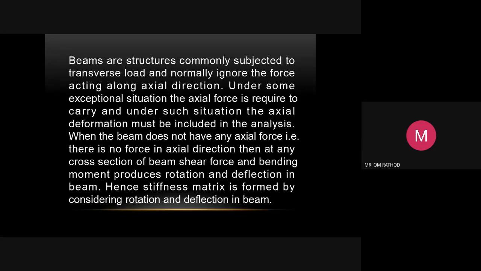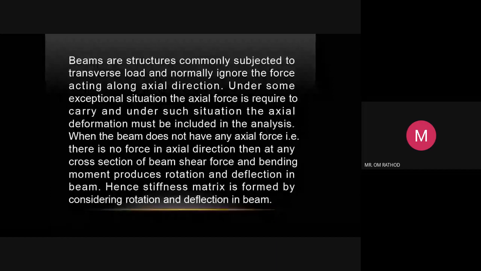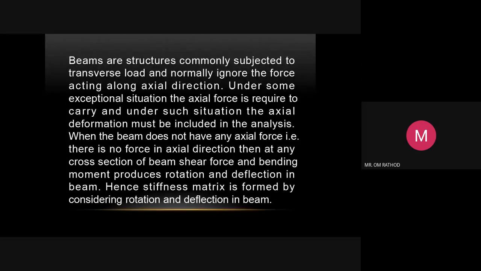Means there will be no axial displacement, or we can say the translation displacement along x direction, means the delta x will not be considered there.